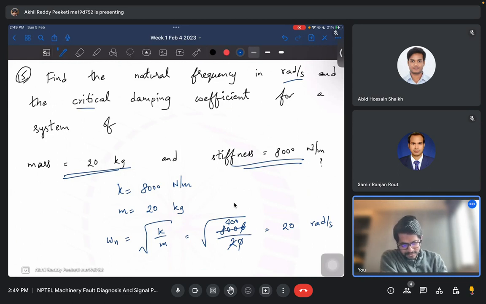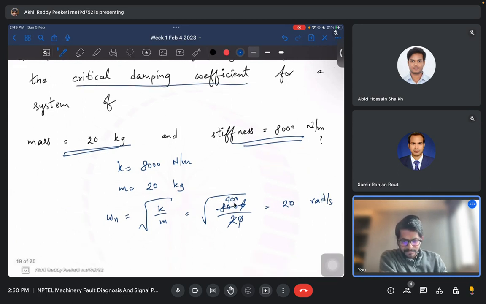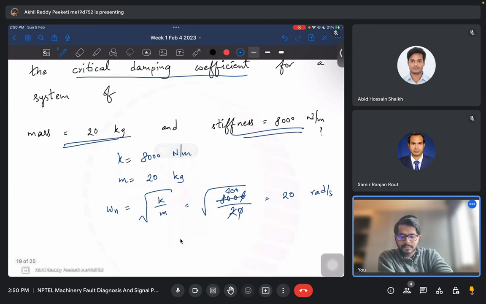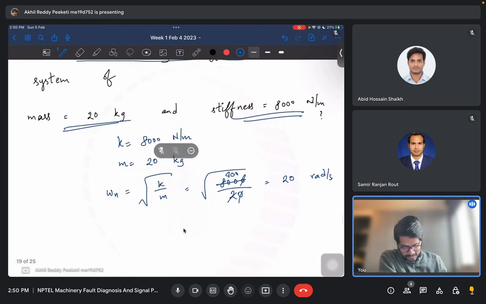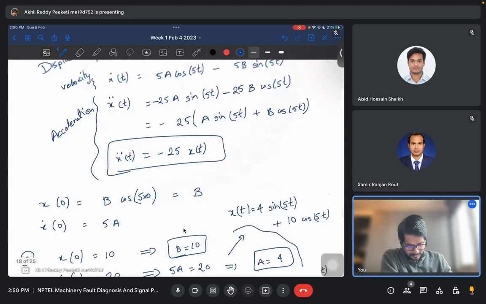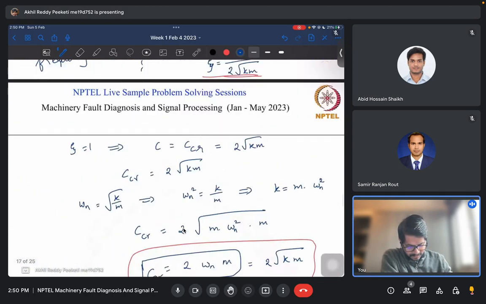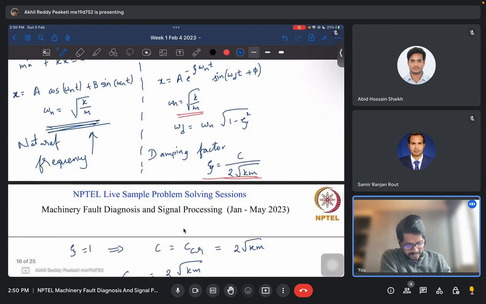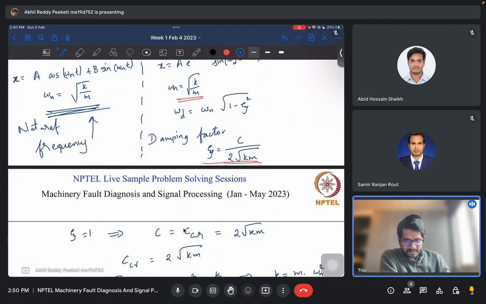Then the second question is critical damping coefficient. So what is critical damping coefficient? If you see our initial discussion, first question, the critical damping is when the damping factor equals 1.